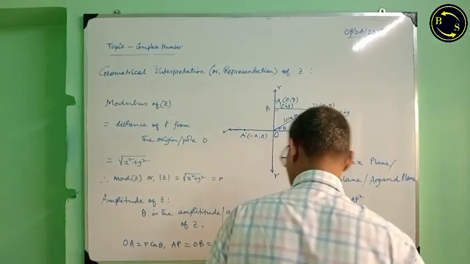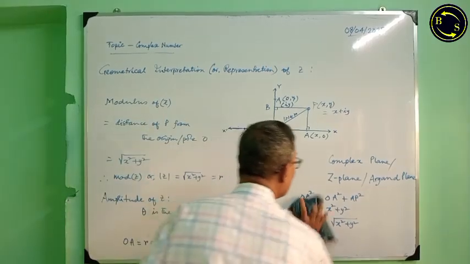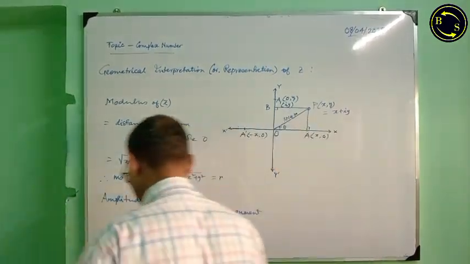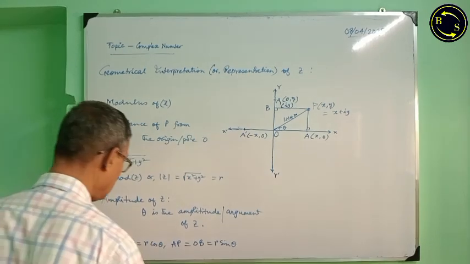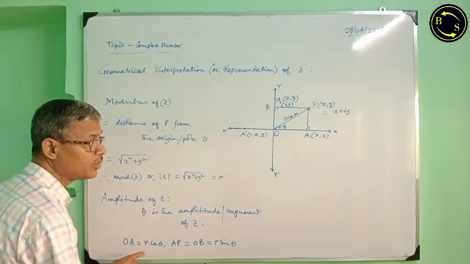Therefore, if we divide r sin theta by r cos theta, we get tan theta.